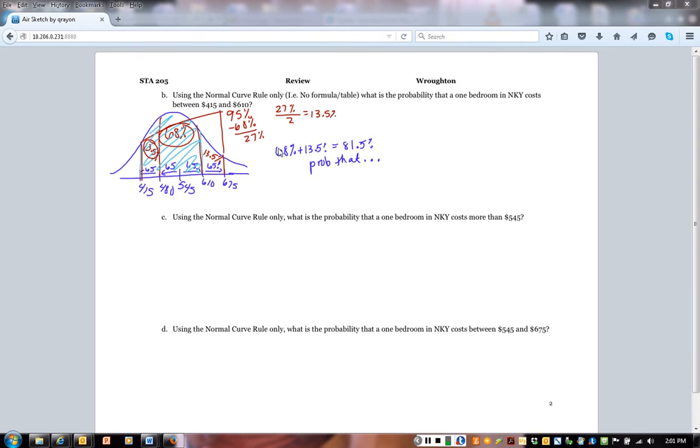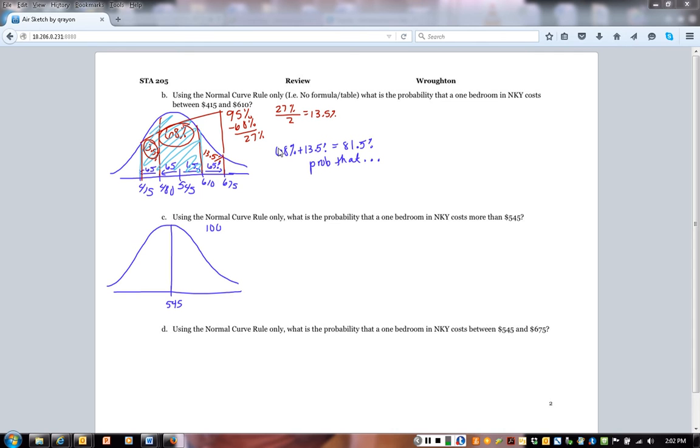Now let's find the probability that a one bedroom costs more than $545. Well, that's my actual mean. So I want more than 545. So if I draw that line right there, how much is on either side?